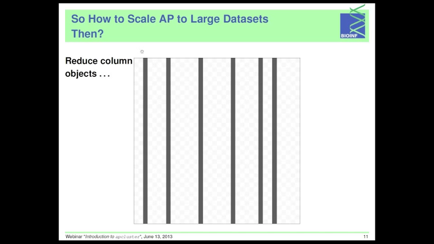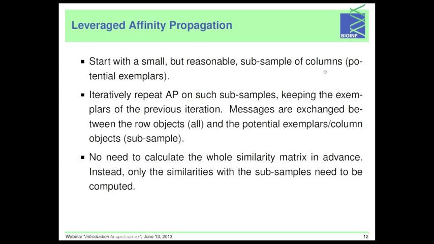We actually only reduce column objects. That means we limit those samples that may be chosen as an exemplar, but we still cluster all data and we still take all data into account. That's the idea of what is called leveraged affinity propagation.